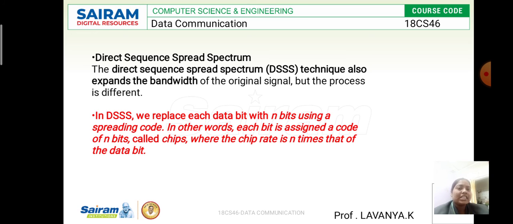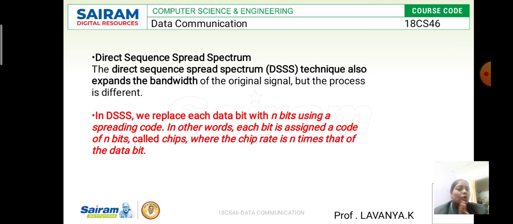Then what is direct sequence spread spectrum? DSSS is also one of the techniques of spread spectrum. It expands the bandwidth of the original signal, but the process is different.